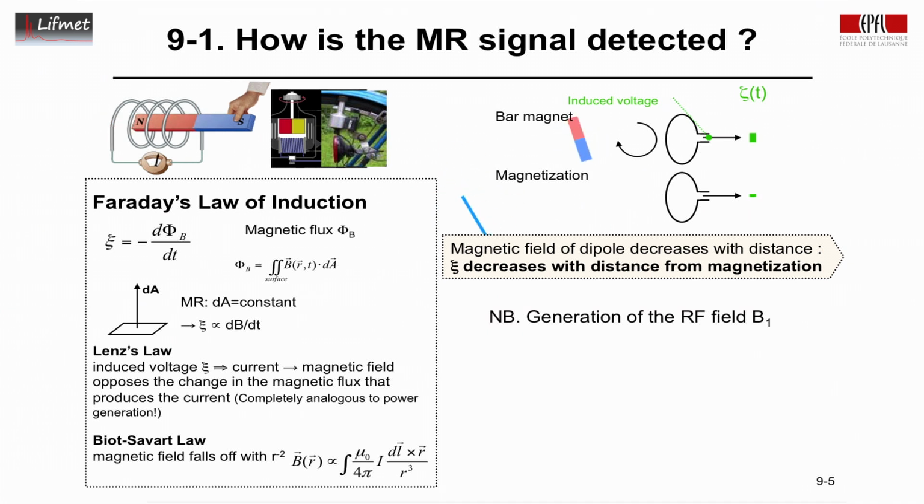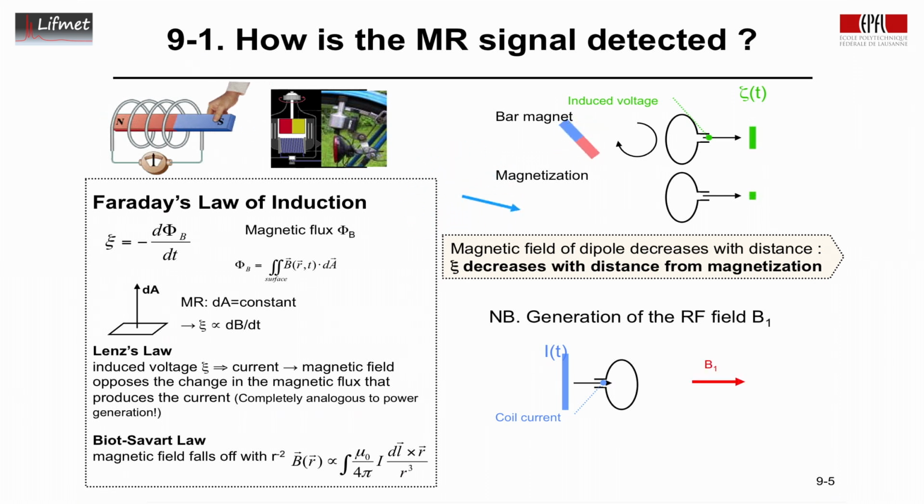Now, on a side note, how do we generate the RF field B1 that we discussed at the end of last week? It works with the following principle. We have a coil here. It's very often the same coil as we have here for detection. We run a current through it, and this current is applied on the coil.